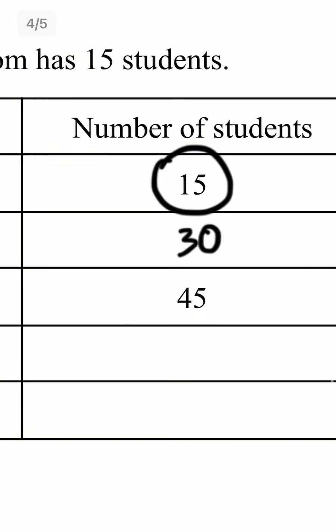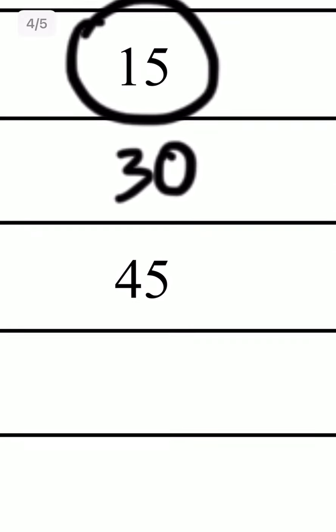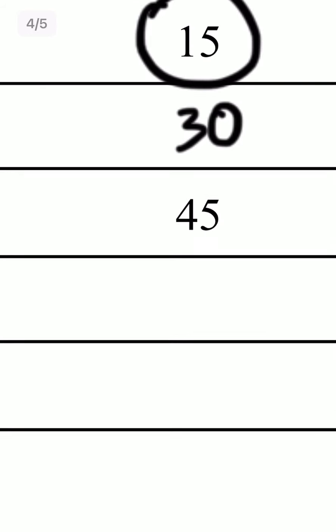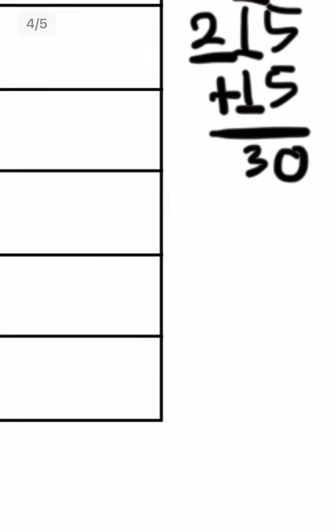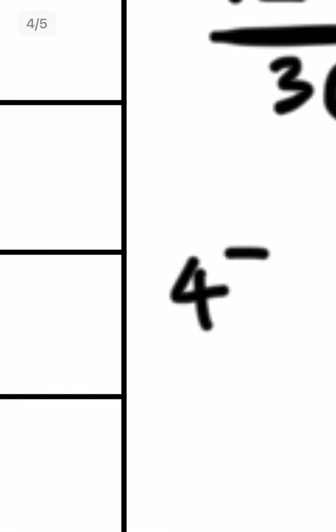So we have 30, and then 30 plus 15 is 45, and then 45 plus 15: 5 plus 5 is 10, and then 1 plus 4 is 5, and 5 plus 1 is 6.